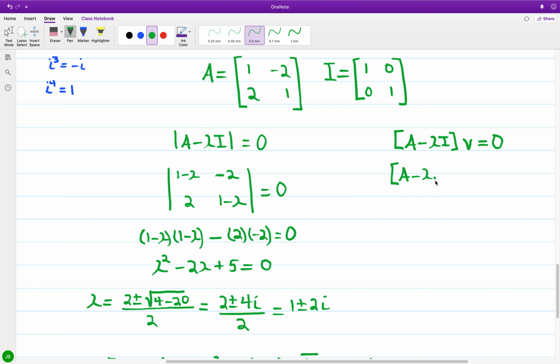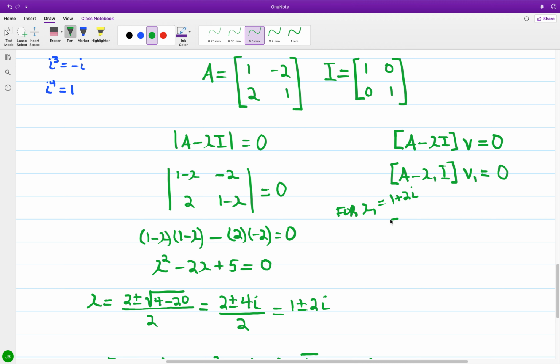And just setting up what we're going to have for our first eigenvector, we have the matrix A minus lambda 1 I times the first eigenvector is equal to 0. It could be its conjugate, but we'll just say we have lambda 1 equal to the expression that has addition, 1 plus 2i.